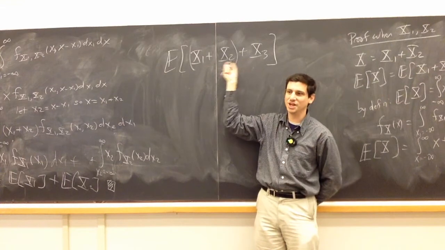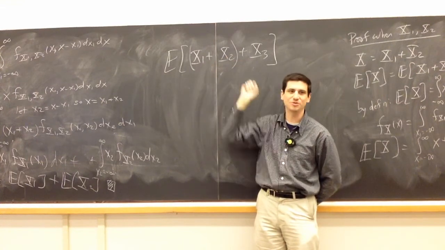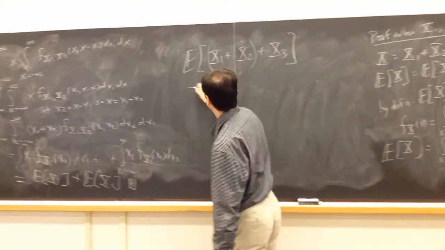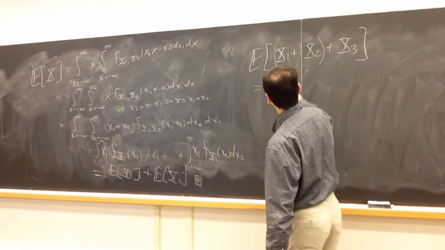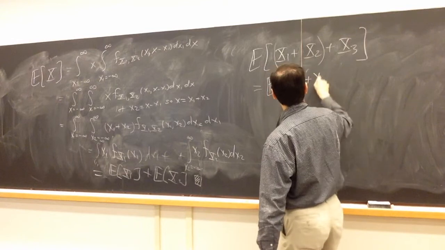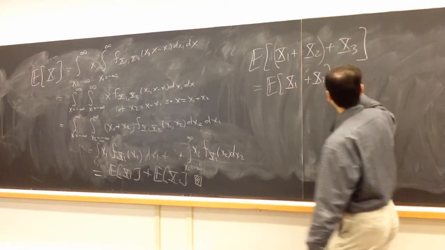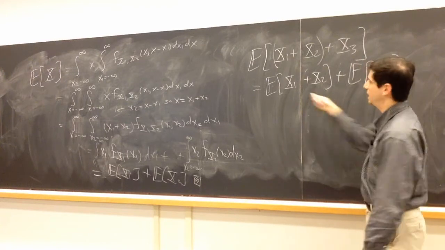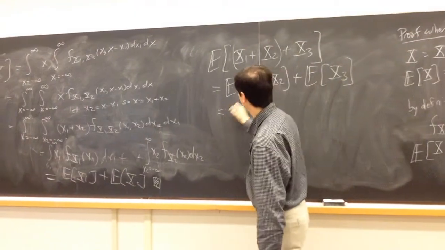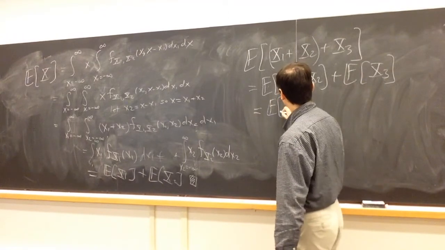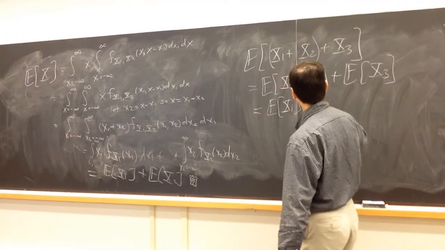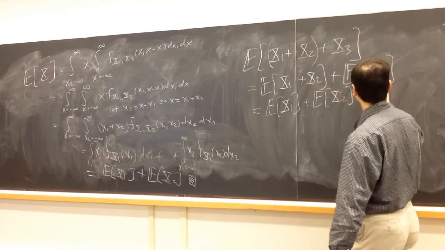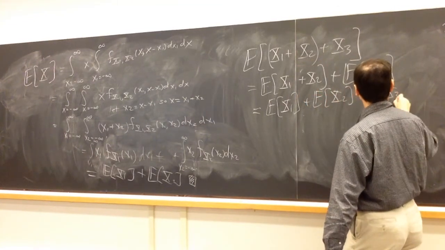What do we know about the expectation of the sum of two random variables? It's the sum of the expectations. So now it's the expected value of x1 plus x2 plus the expected value of x3. And now we just apply that again, and we get the expected value of x1 plus the expected value of x2 plus the expected value of x3.